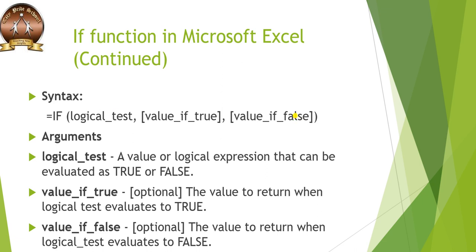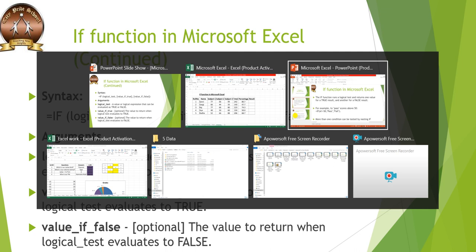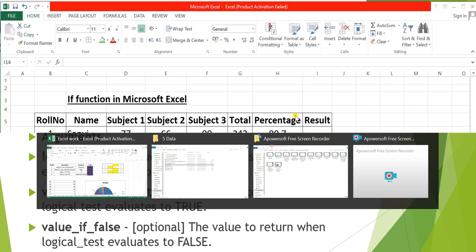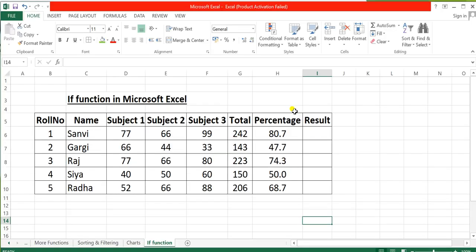So let's see it practically. Yes, so first you need the data. I have already created the data. I have added the columns like roll number, name, subject 1, subject 2, subject 3, total, percentage and result.